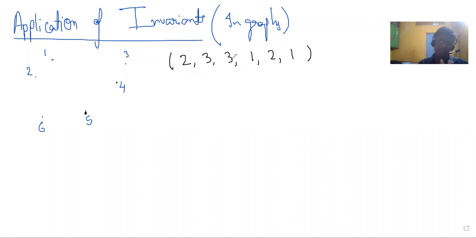I have discussed these things in graph theory class earlier, but in invariance, it is a very fundamental question, and we'll see a good technique to solve it. So, is there a graph?